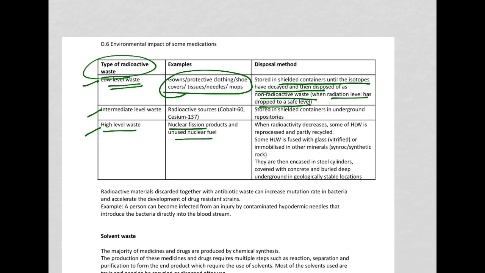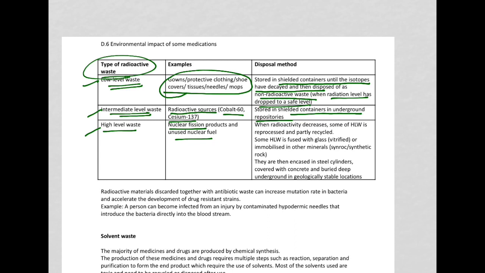Radiation levels are measured using an instrument called a Geiger counter, which measures the radiation emitted by objects. Intermediate-level waste includes radioactive sources such as cobalt-60 and cesium-137. These are stored in shielded containers in underground repositories.